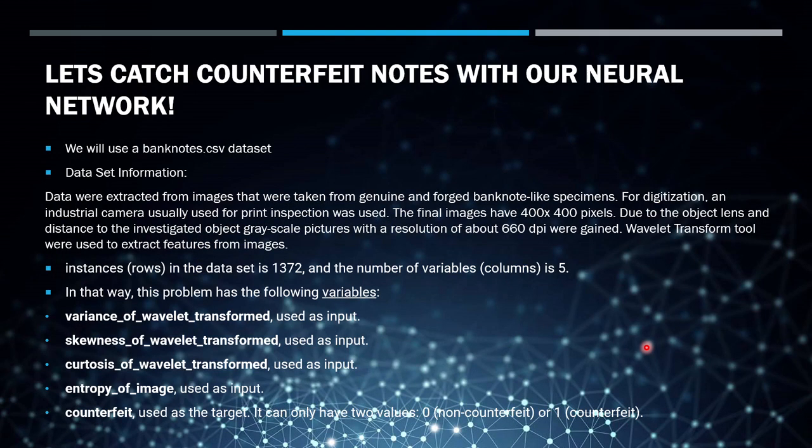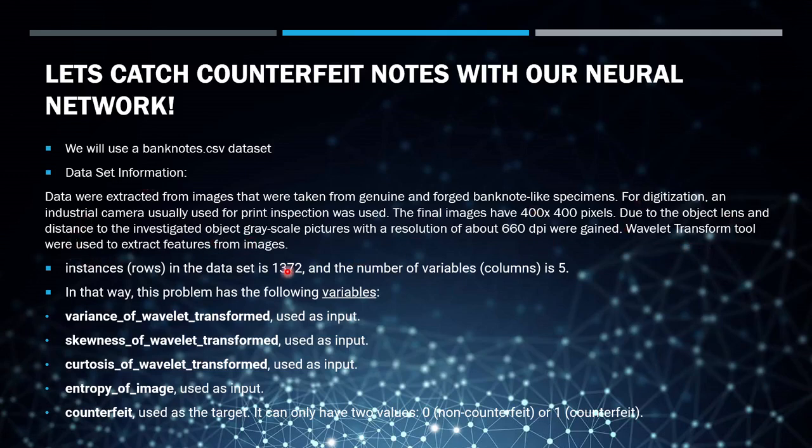For digitization, an industrial camera used for print inspection was used, and the final images had 400 x 400 pixels. Due to the object lens and distance, grayscale pictures with a resolution of about 660 dpi were gained, and a wavelet transform tool was used to extract features from the images.